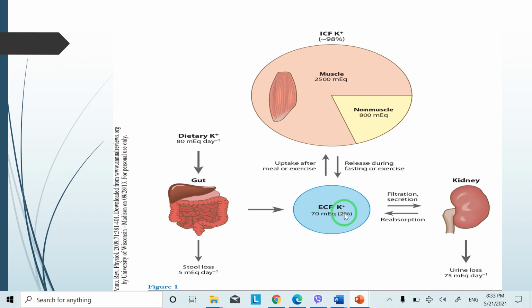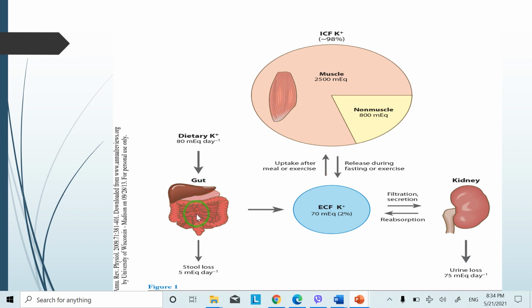There will be exchange and regulation of the amount by the kidney through filtration, secretion and reabsorption, and the excess will be lost in the urine. Also in the muscle, there will be release or uptake according to the state. For example, after a meal, after fasting, and after exercise, all will change the quantity that is exchanged.